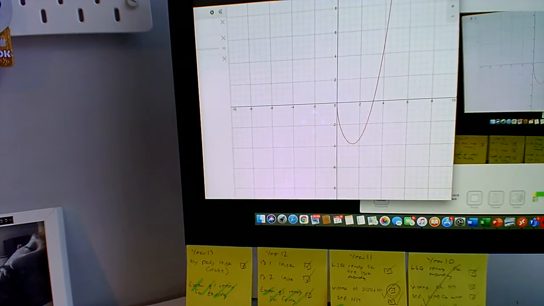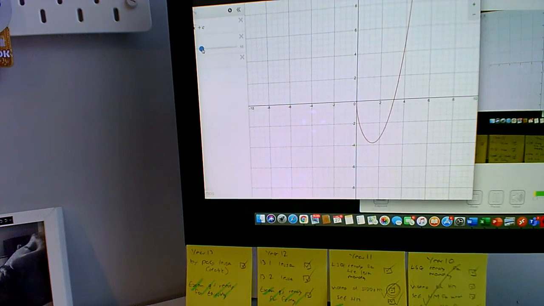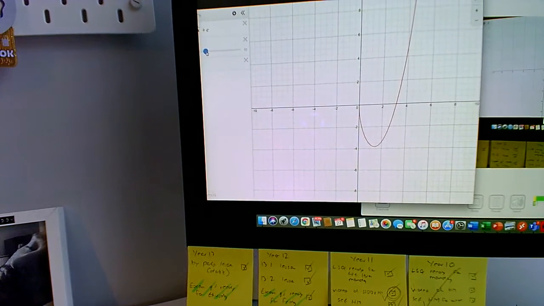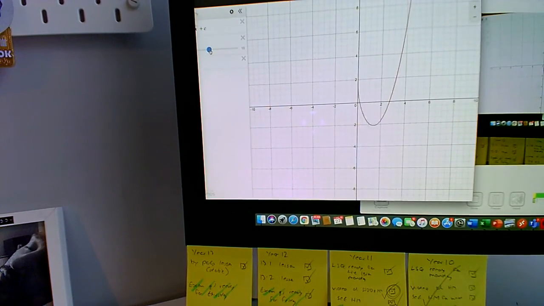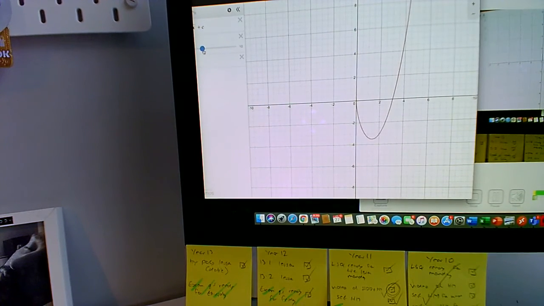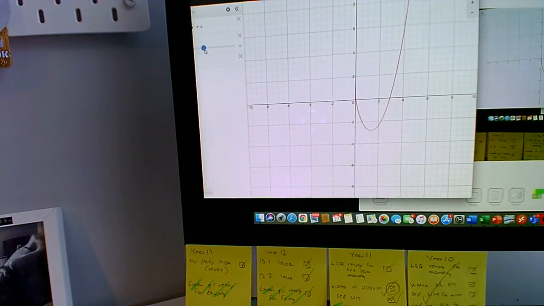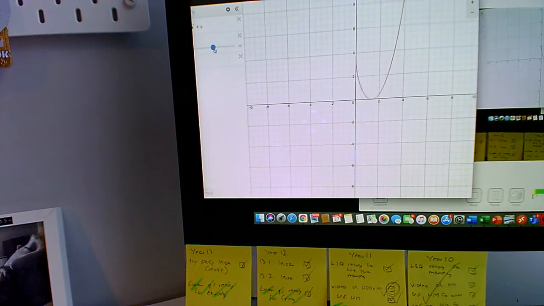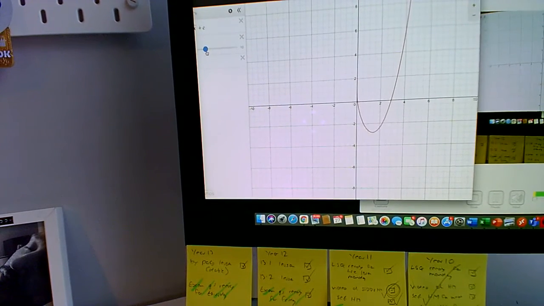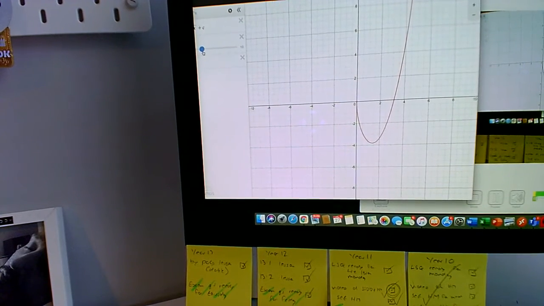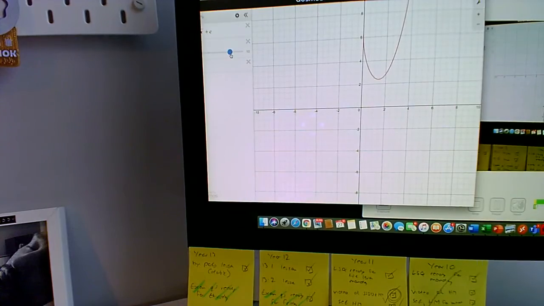The c bit has quite a big effect, because if we were to have a number for c that has disappeared, say it was 6, then it would actually look like that. At the minute, we've got that. So that number tells me which one of these curves it's going to be. It tells me where it's going to go through the y-axis, which is really important, because without that, we don't know what the actual curve was. So we could be using this curve when really we should be using this curve. That's why it's important to figure out what c is.